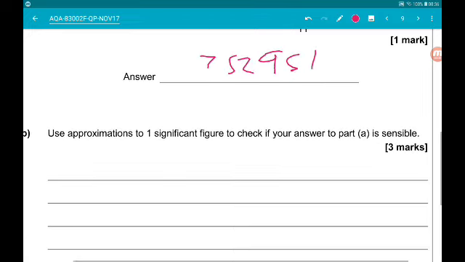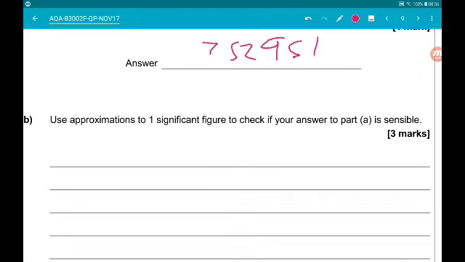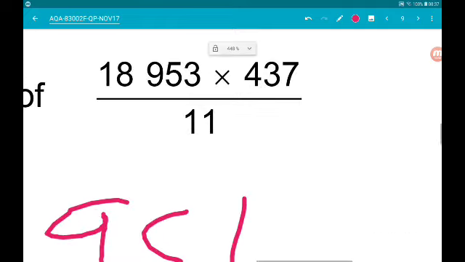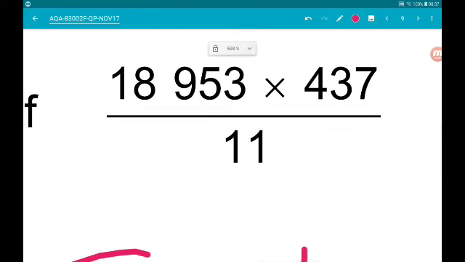Okay, then part B wants us to use approximations to one significant figure to check if your answer to part A is sensible. Okay, so 18,953. So the first sig fig is the 1.